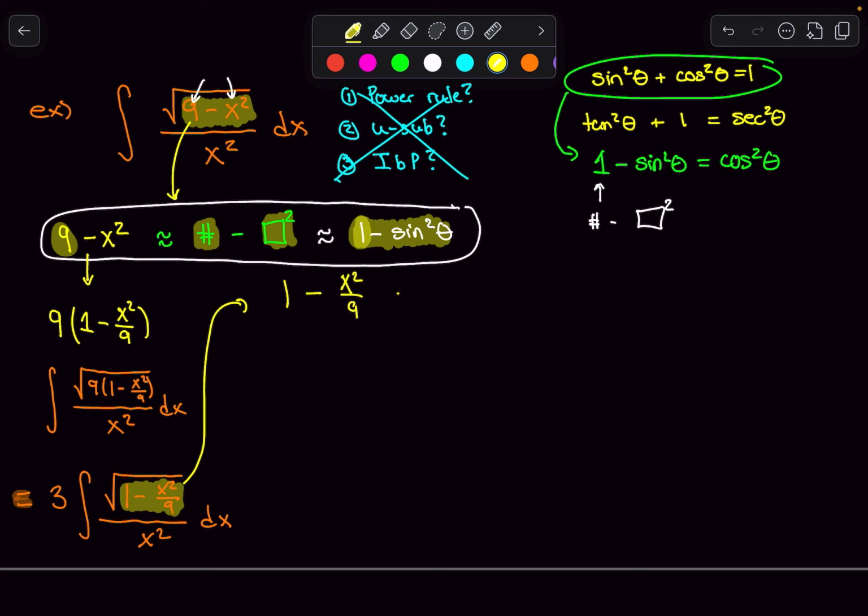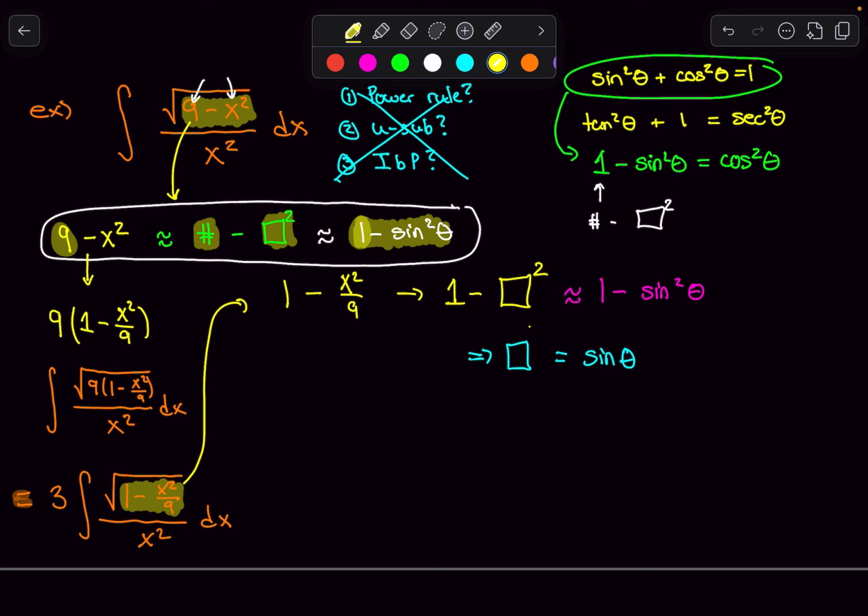If I can write this as 1 minus something squared, then I can say that kind of looks like 1 minus sine squared, and that would actually happen if the thing that's being squared was equal to sine of theta.